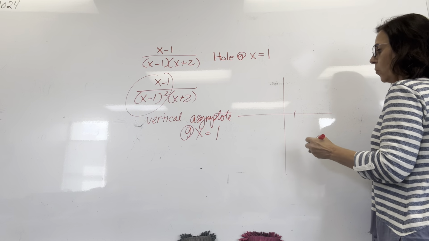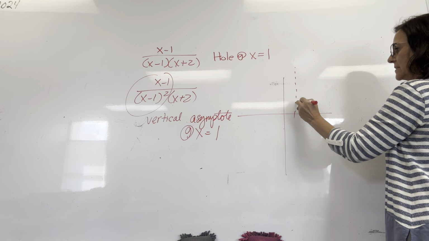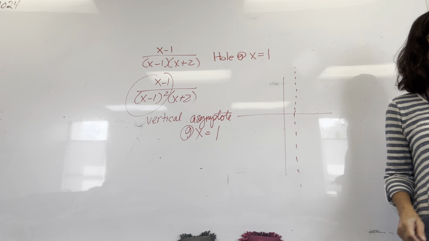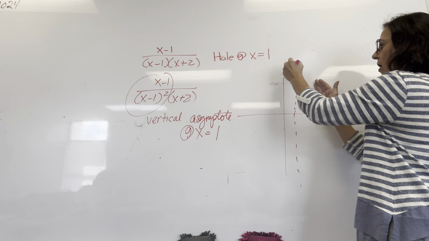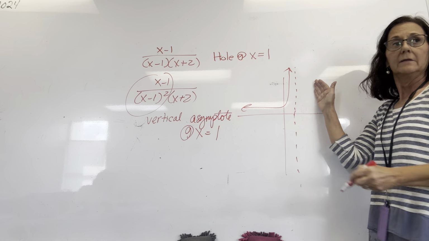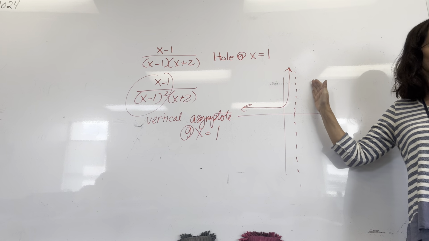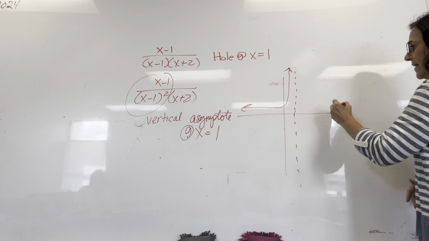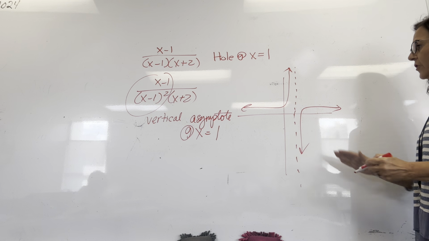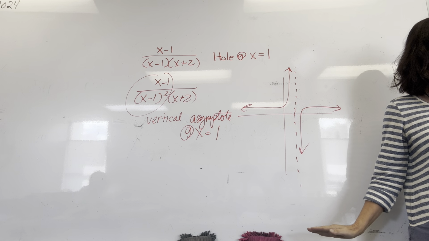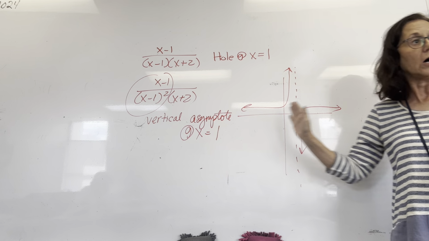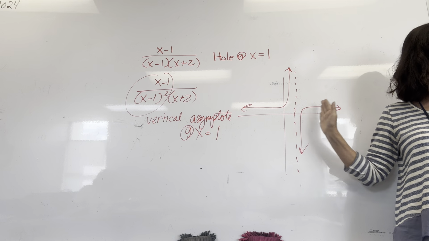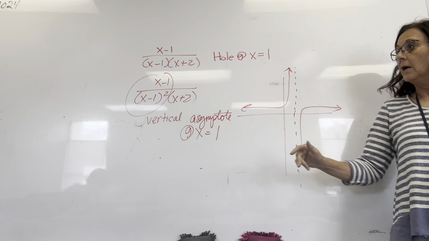At x equals 1, there's this vertical asymptote, such that there's something on the left-hand side of this graph, and then there's something on the right-hand side of that asymptote, but the graph does not cross that vertical asymptote. Okay?